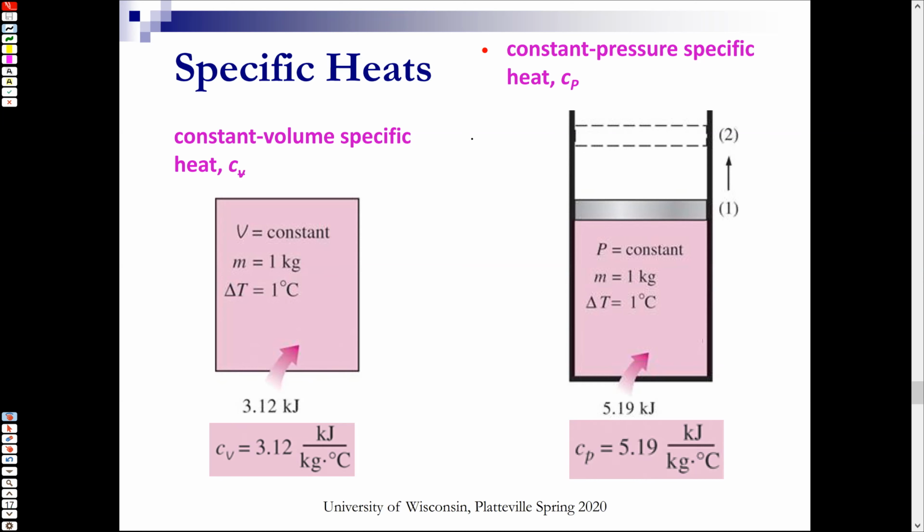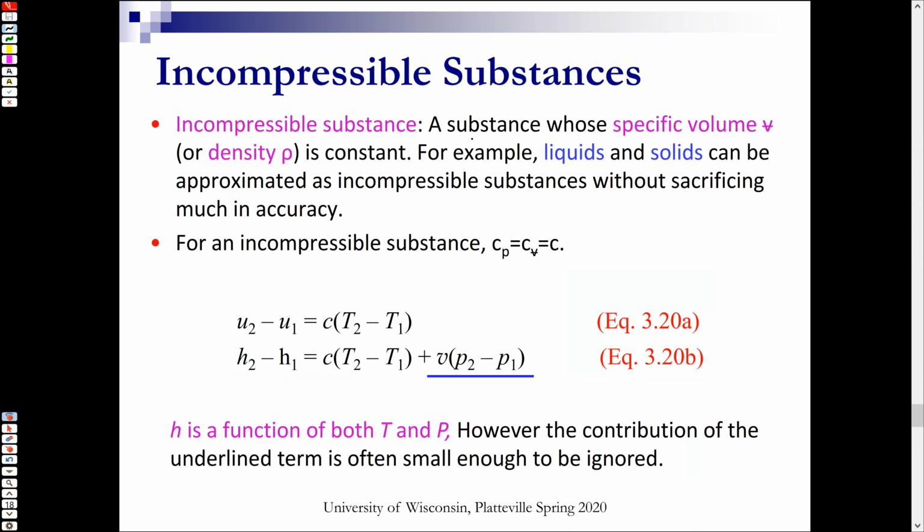And this is what we're going to talk about today. An incompressible substance is a substance whose specific volume or density is constant, right? For instance, liquids. We know that the specific volume of a liquid changes slightly with pressure.